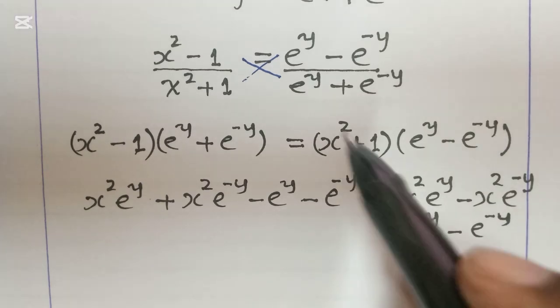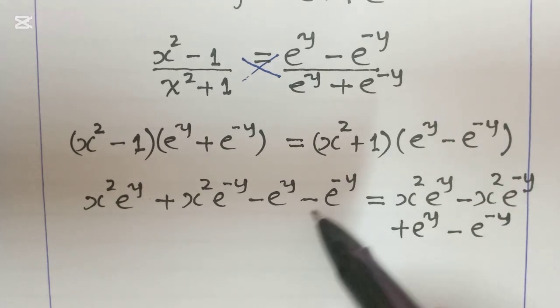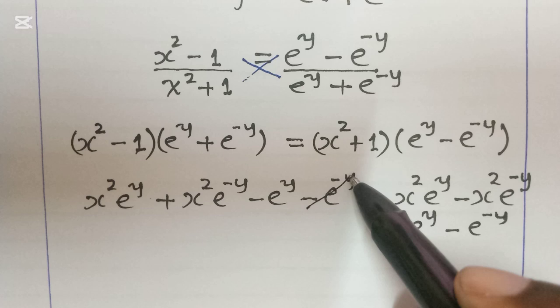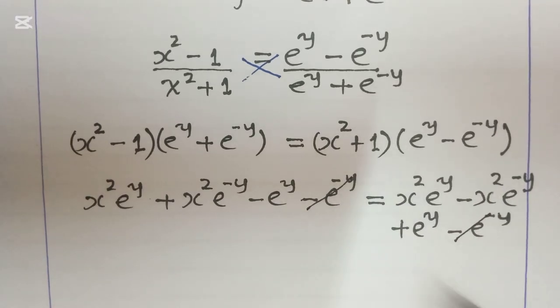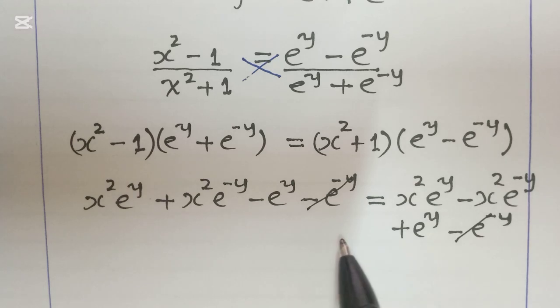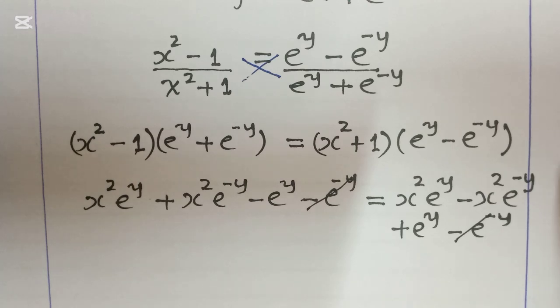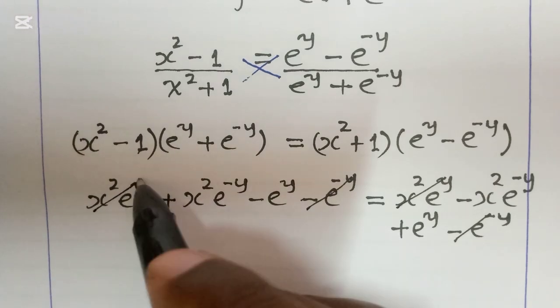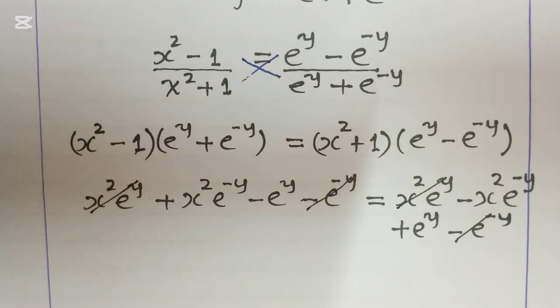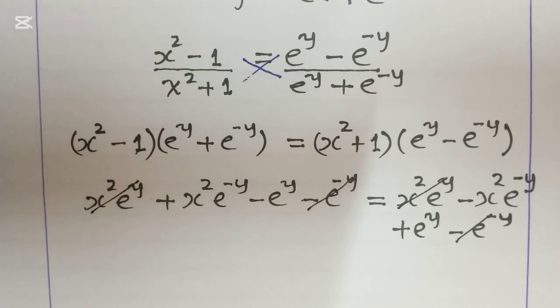For example, we can cancel this negative e raised to y and this negative e raised to y because they are the same. It's just like having 2 is equal to 2. It means you can cancel and get 1. Then there is another one. Let's check this first one. It can also be cancelled with that. And so guys, we now remain with the rest.